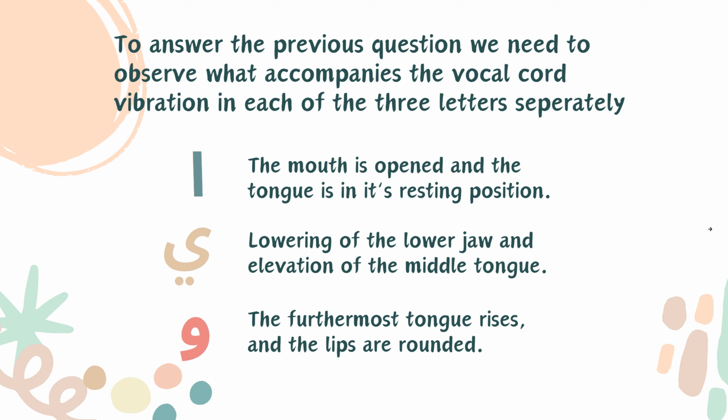To answer the previous question, we need to observe what accompanies the vocal cord vibration in each of the three letters separately. Concentrate with me. They all share the same articulation area and the same characteristics. Why do they sound different?